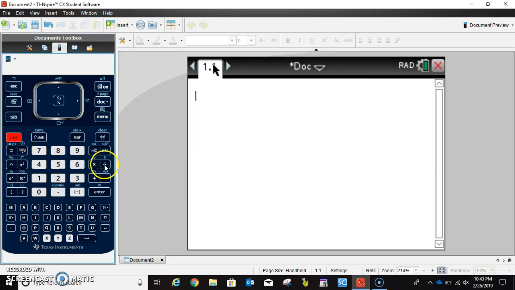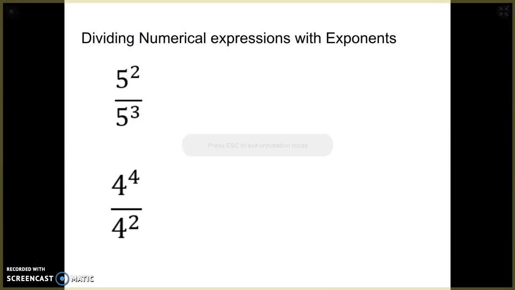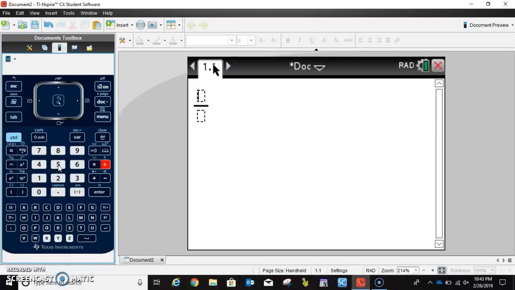Since we are typing in a fraction, let's do control divide. The problem was 5 squared divided by 5 cubed. So if I have 5 raised to the second power, and I want to divide that by 5 raised to the third power, I see that my answer is 1/5.